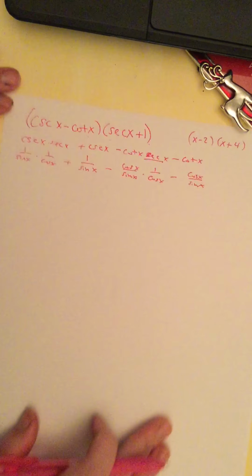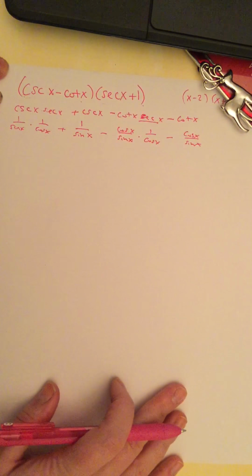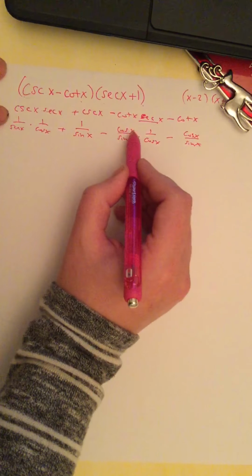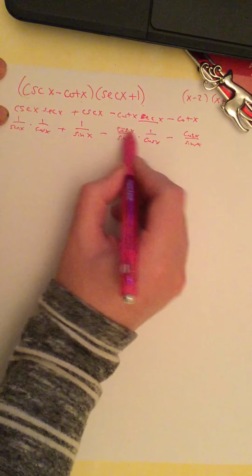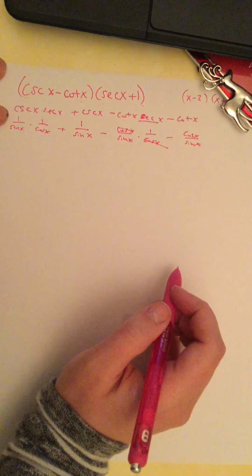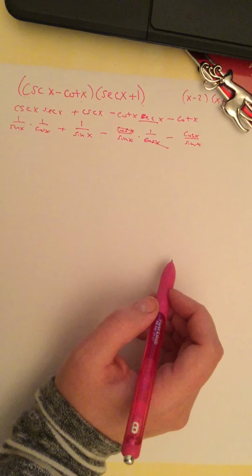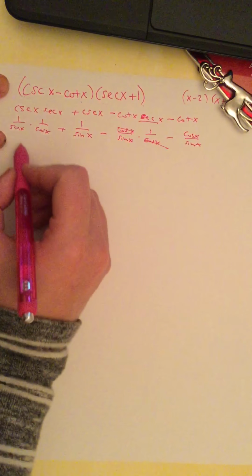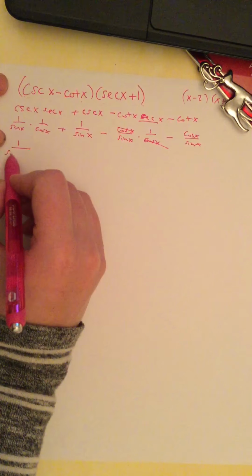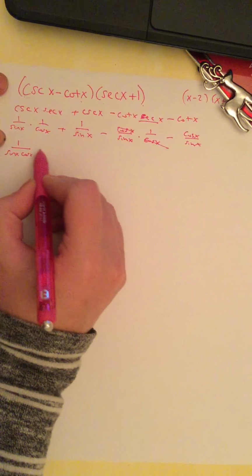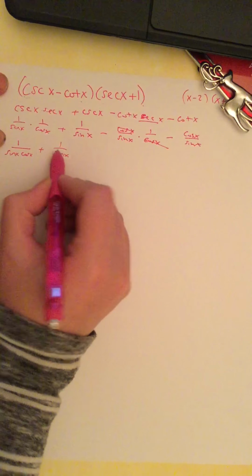Okay, so then I'm pausing, I'm looking, okay, what can I do here? Well, immediately I see within this multiplication, I have a cosine x divided by cosine x. So those two things cancel out. Other than that, there's really not anything else I can do just yet. So let's see what else we have. So here we have 1 over sine x cosine x plus 1 over sine x.